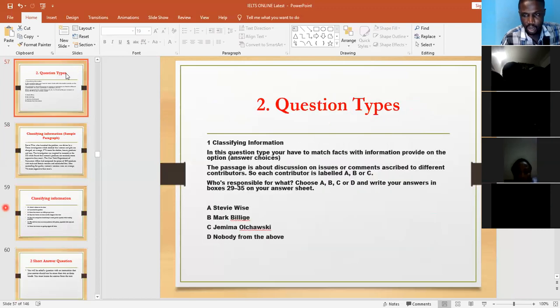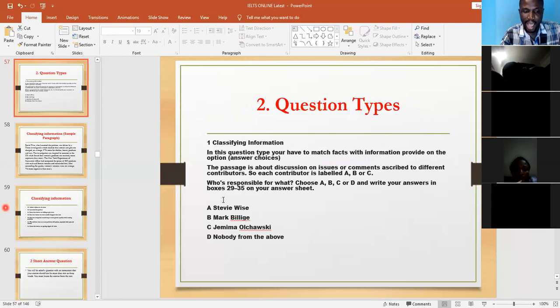I said classifying information is about a whole paragraph or a whole passage dedicated to a discussion between three people. Okay, and so at the end of the day, questions will be targeted at who said what.